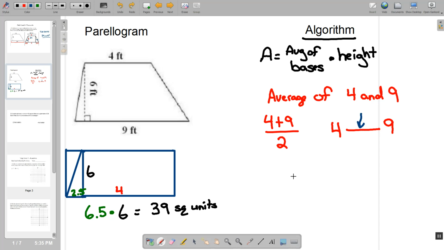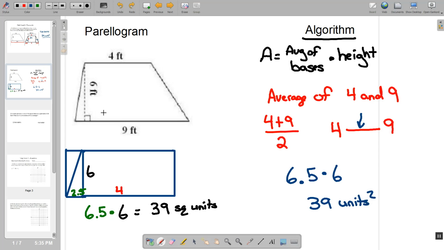Either way, you're going to end up getting 6.5 for the average of 4 and 9. Just like before, we then take that times the height of the trapezoid, which was 6. And once again, this strategy and the previous strategy should give us the same result, and we get 39 square units.